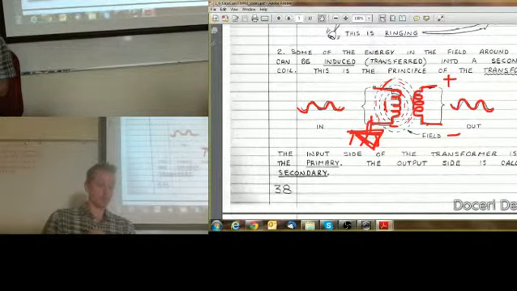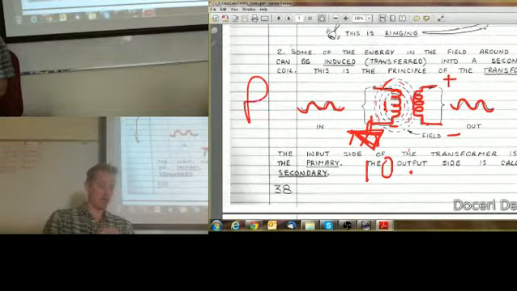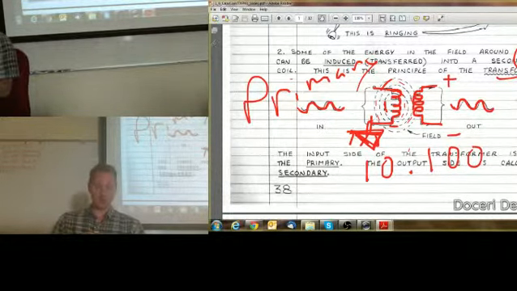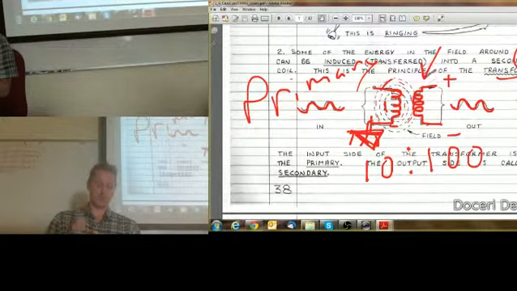Another cool thing about this circuit is you can change the number of windings. You can have possibly 10 windings on what we call the primary side, and this is the secondary side. You can have 100 coils on the secondary side, and 10 coils on the primary side.